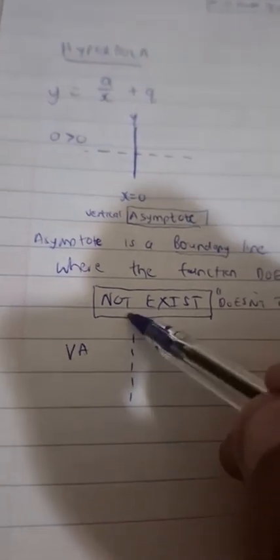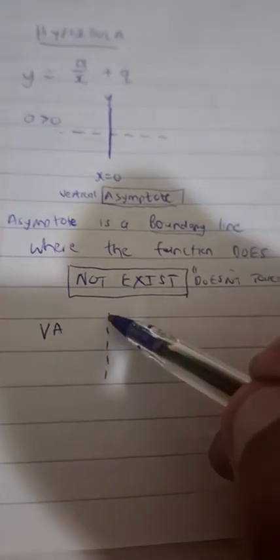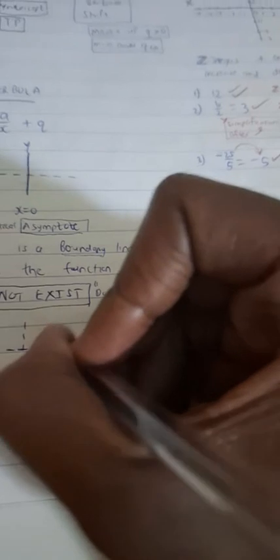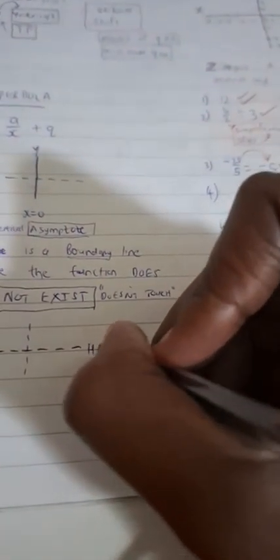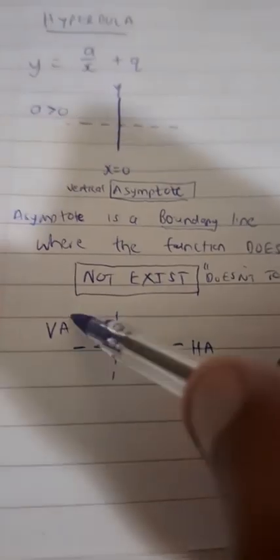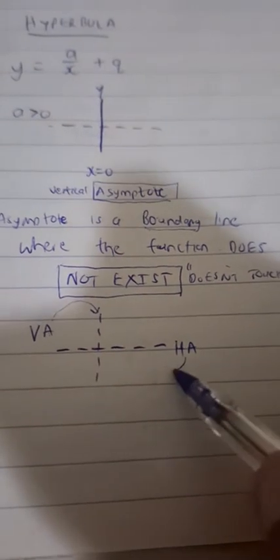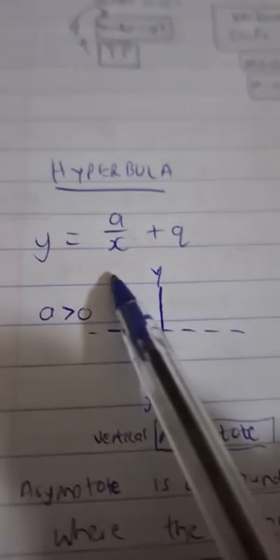So this vertical line, this vertical asymptote, is how we would represent it. Then we have a horizontal asymptote as well. So we not only have a vertical asymptote where the hyperbola is concerned, but we also have a horizontal one. This is very important to note, and I'm going to explain everything there is to know about this. But let's go back to the function.